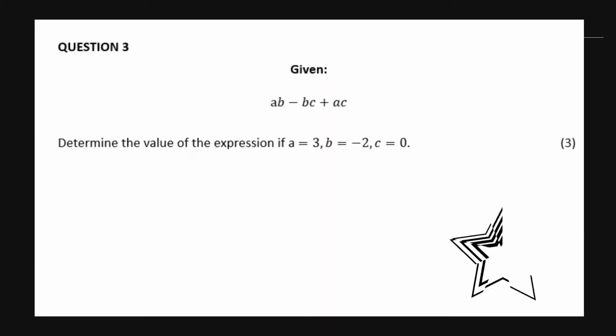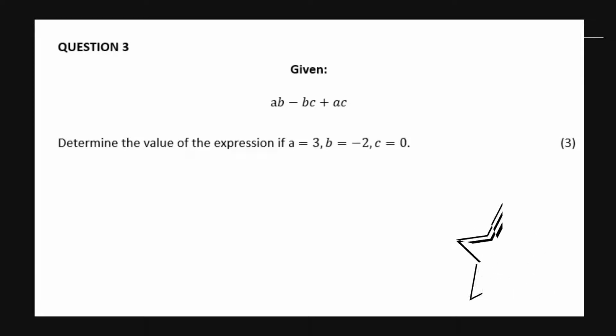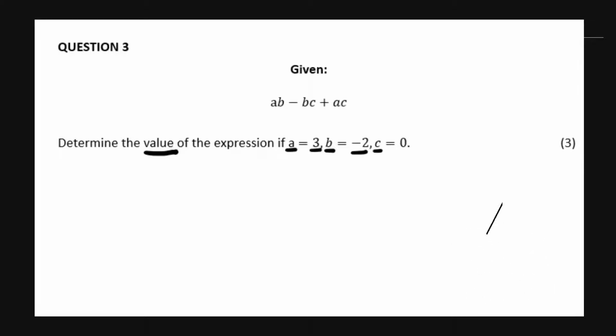For our next question, we are given the algebraic expression AB minus BC plus AC. We need to determine the value of this expression if A is equal to 3, B is equal to negative 2, and C is equal to 0. We will now be substituting these values into the expression that we are given.